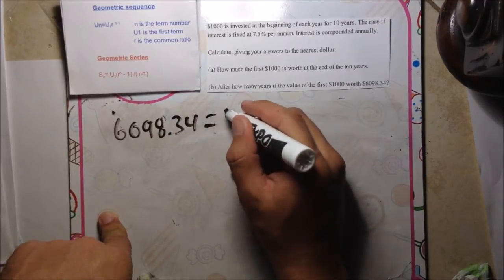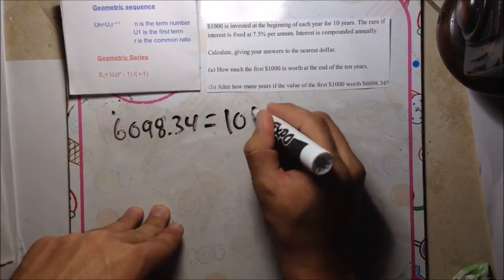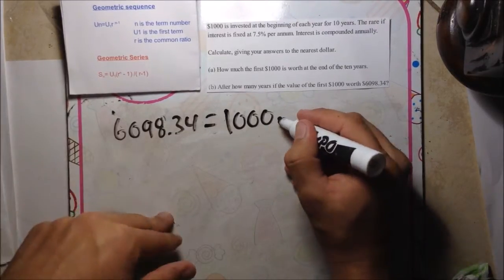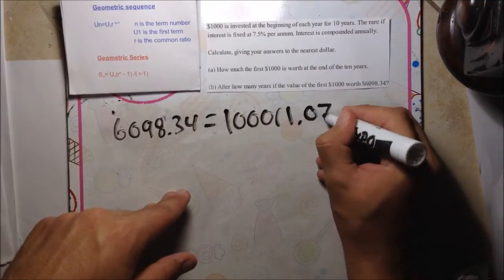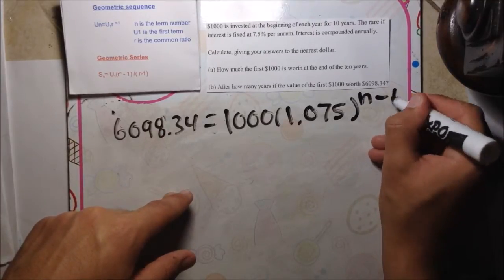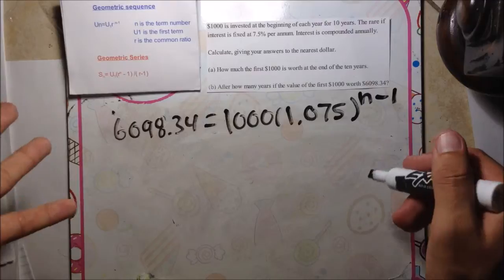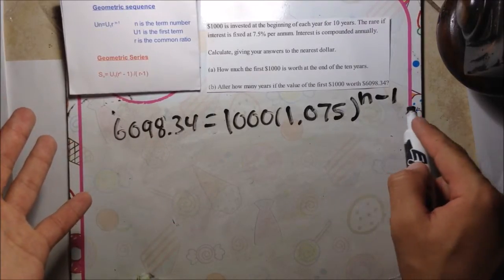equal to u1, which we know is 1,000, as after the initial investment of 1,000, times r, which we know from the previous question happens to be 1.075, to the power of n, which we don't know yet, which is the year. We don't know the number of years that have passed since the 1,000 was invested, minus 1.